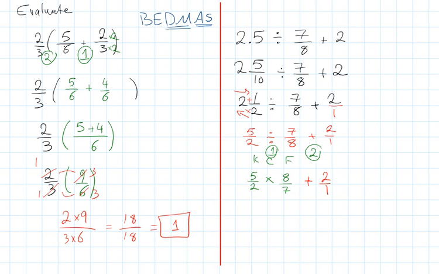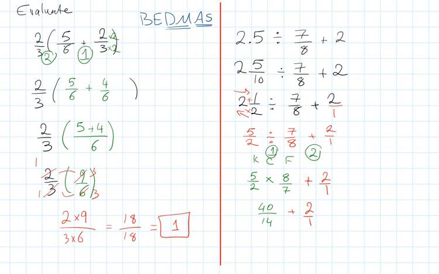So 5 by 8 and 2 by 7, that would be 40 over 14 plus 2 over 1.